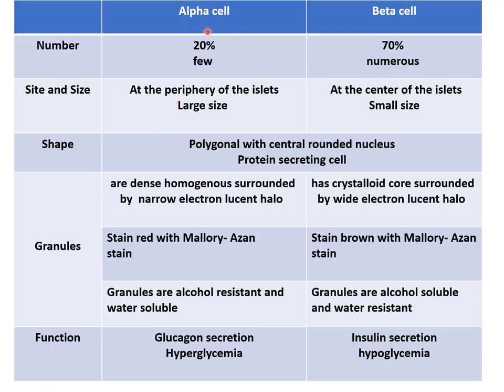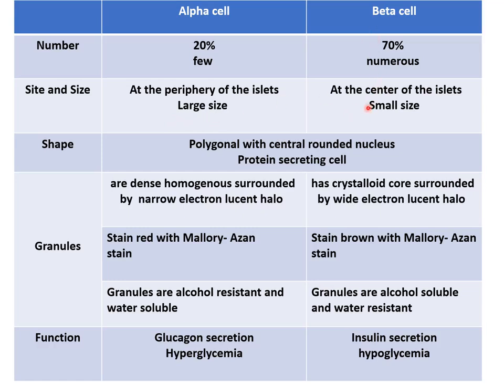Alpha cells: number, 20%. It's few in number. Beta cells: about 70%. It's numerous in number. Alpha cells are located at the periphery of islets of Langerhans, and they are large in size.